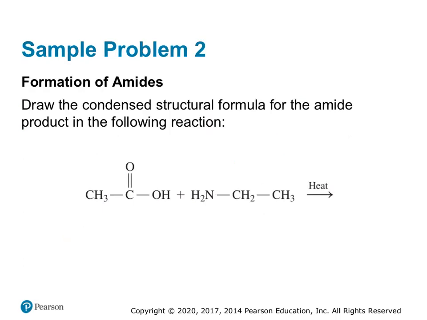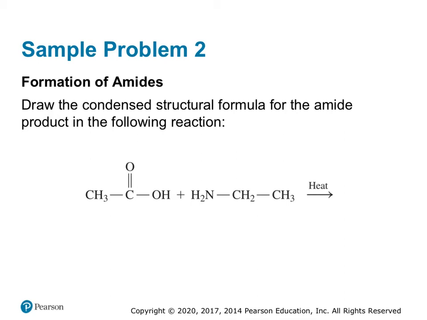So showing amidation, or the result of amidation here. I'm going to draw the formula for the amide formed in a reaction between ethanoic acid. Here we have ethanoic acid, and here we have ethylamine.